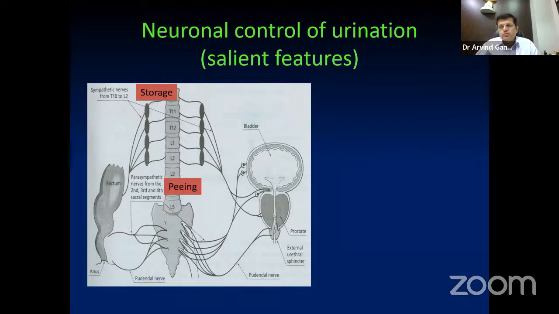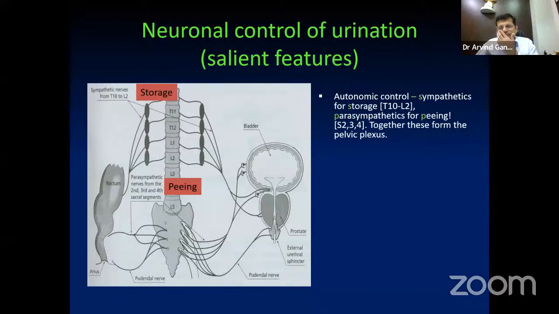This mnemonic was also told to us when we were in our first MBBS days by the physiology professor that sympathetic nerves, that is from T10 to L2, are responsible for the storage function of the bladder, while for the process of passing urine, the parasympathetic nerves are involved, and the segments that are involved are segment 2, 3, and 4.